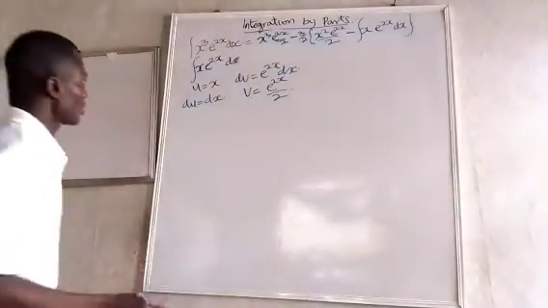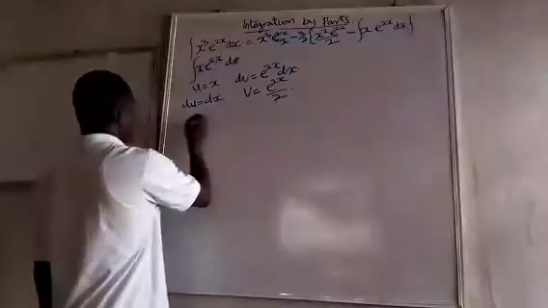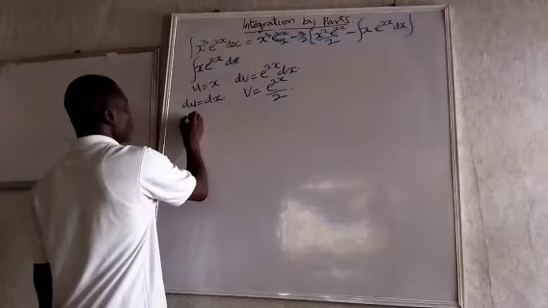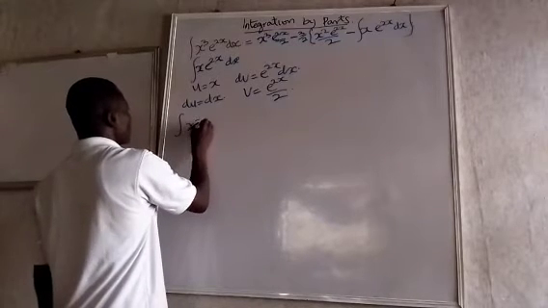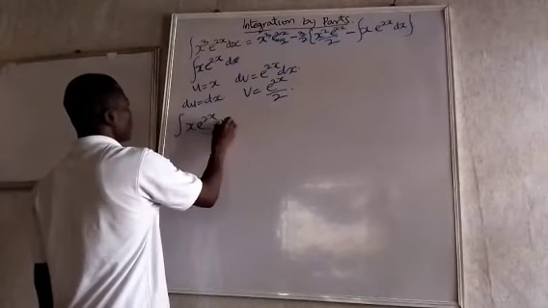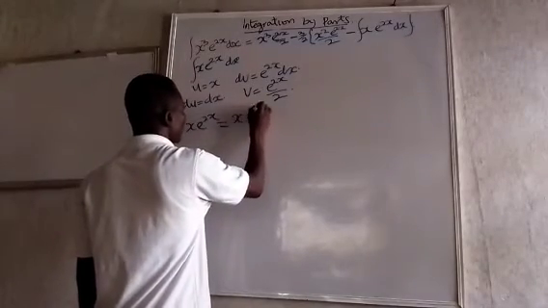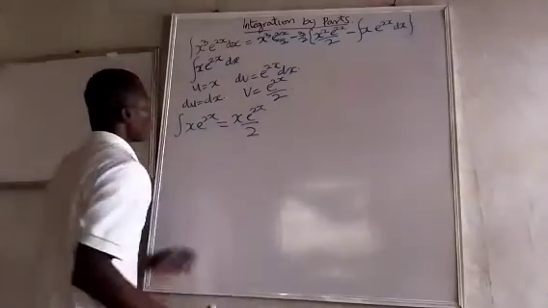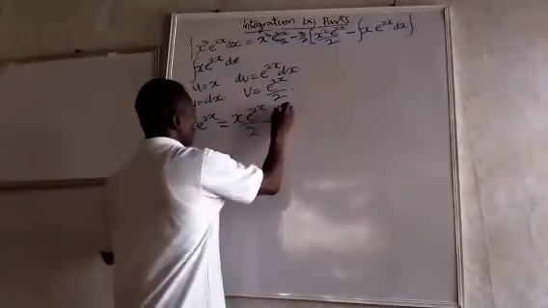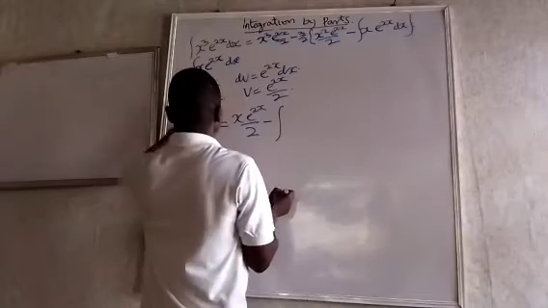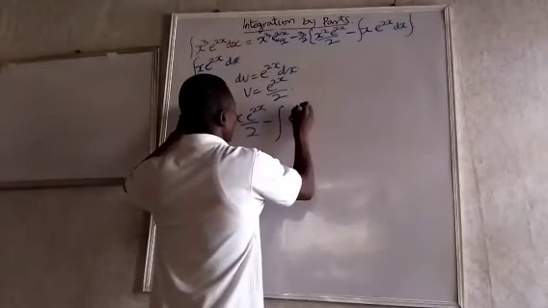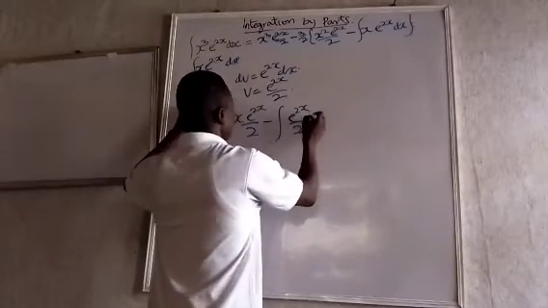It has now reduced. So what is my uv? So the integral will be equal to uv, that is x e raised to the power 2x over 2, minus v du, e raised to the power 2x over 2 dx.